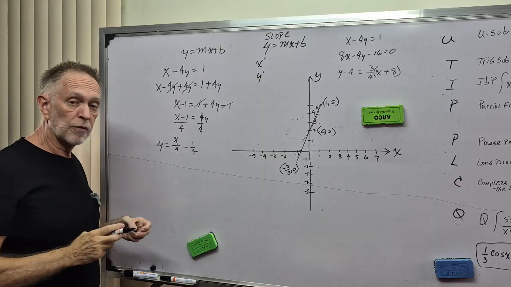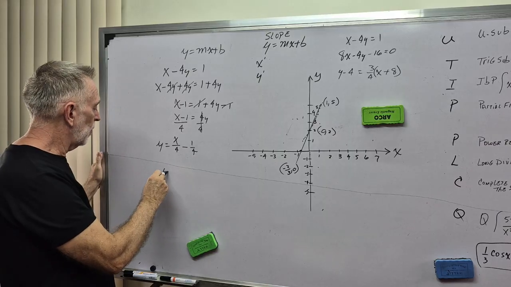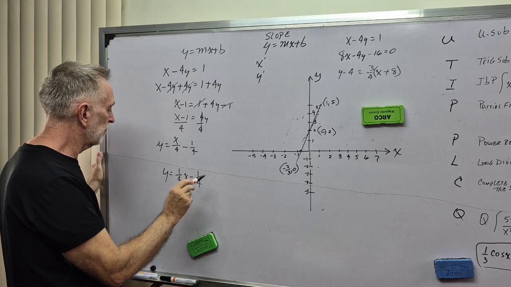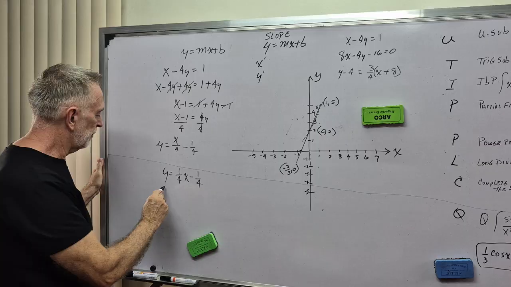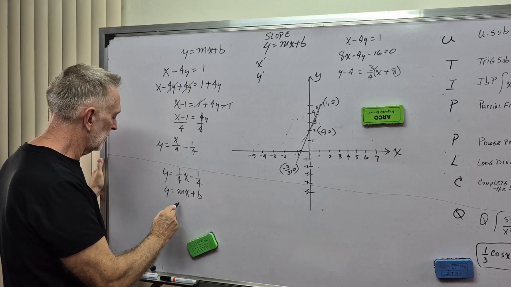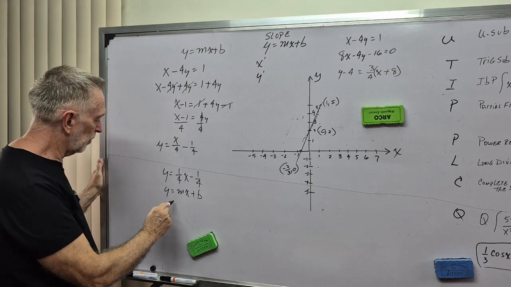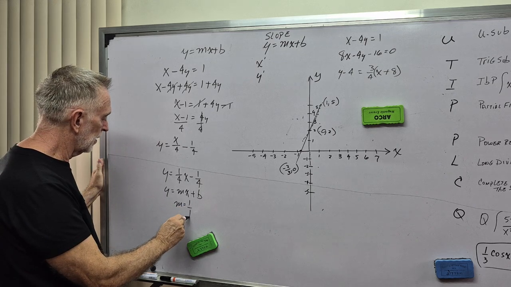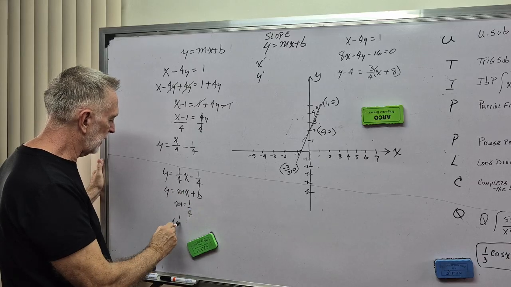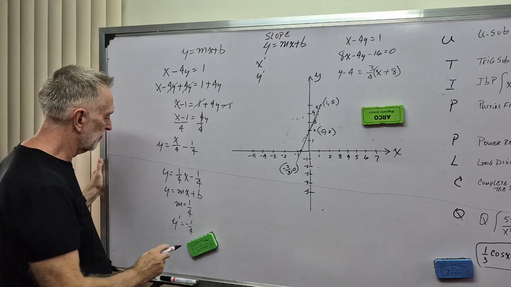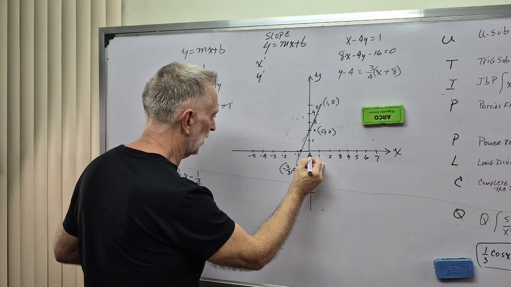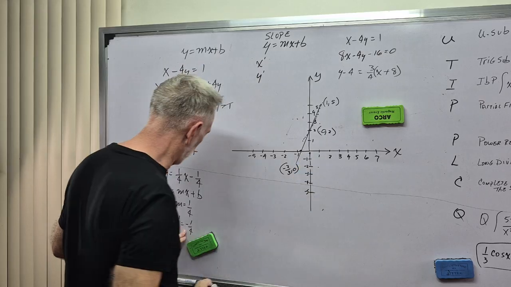Now, what is x over 4? It's 1/4. Y equals 1/4 x minus 1/4. So if I'm looking at y equals mx plus b, what is m? It's 1/4. What's my y-intercept? It's negative 1/4. So y-intercept is somewhere negative 1/4, somewhere around there.